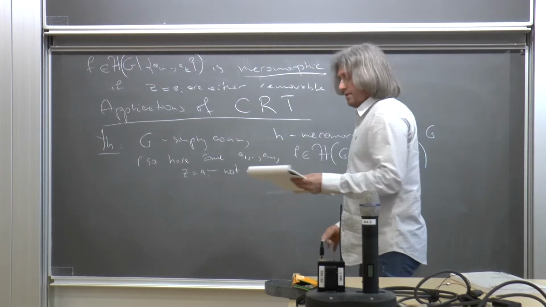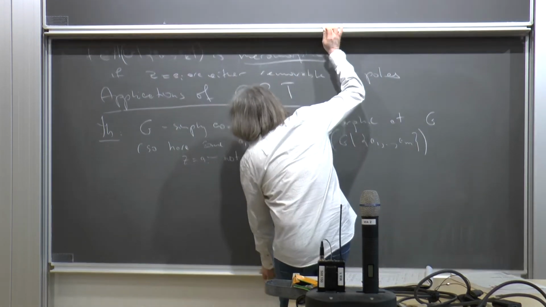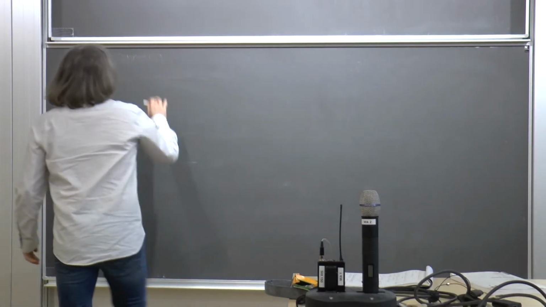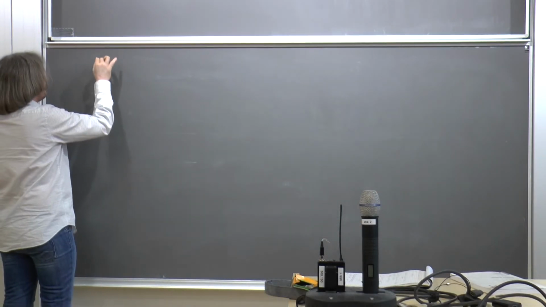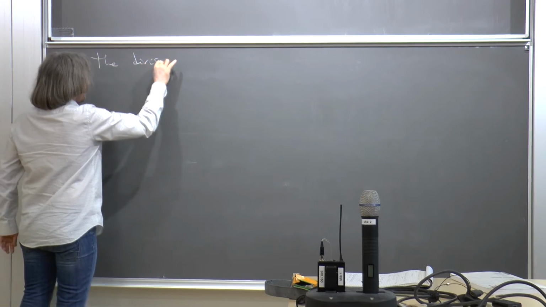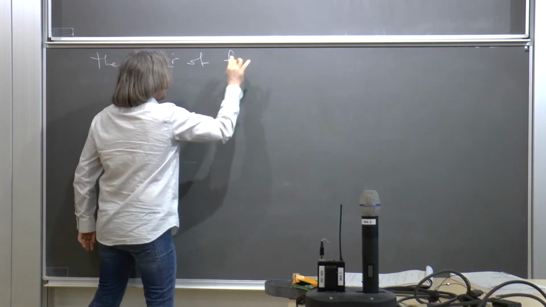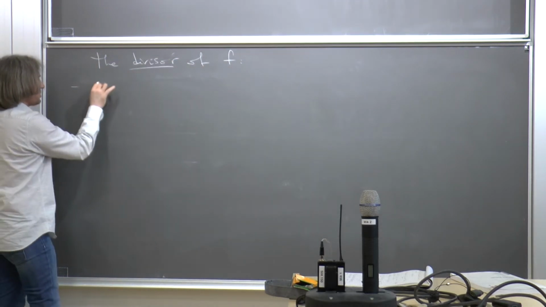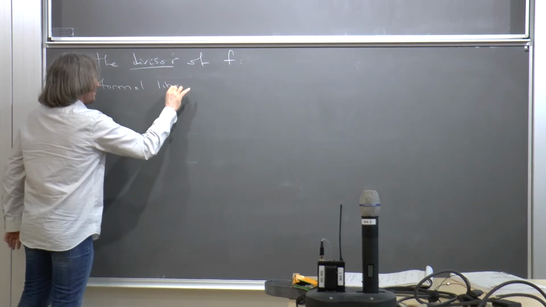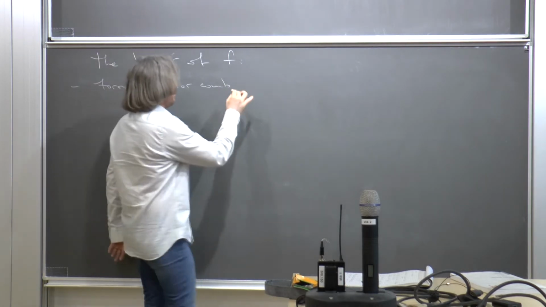So in this situation, one can talk about the divisor of f. It's a formal, finite linear combination of points.